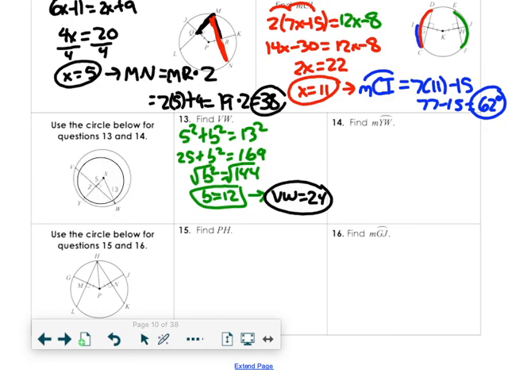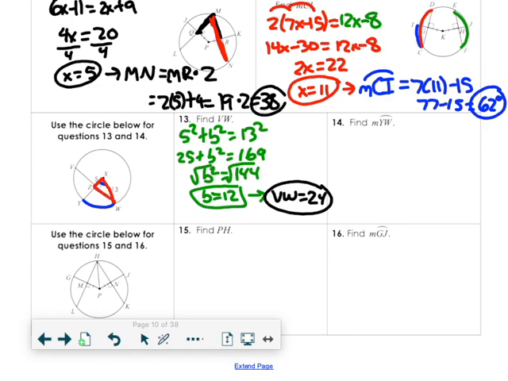So again, let me erase a little bit so you don't see more than you need. This arc will match whatever this angle is. Remember, central angles are congruent to the arcs that they intersect. So can I figure out this angle in the center with this right triangle?